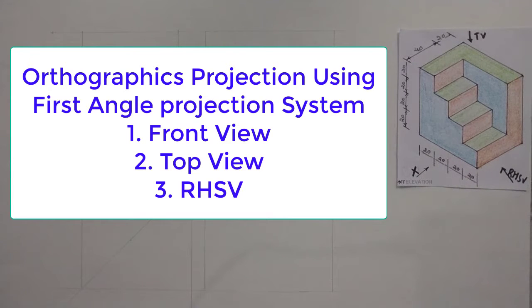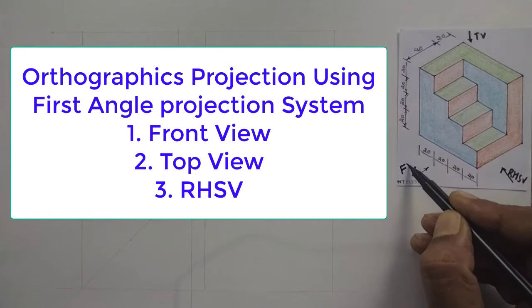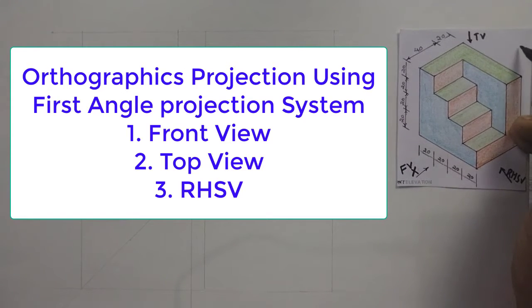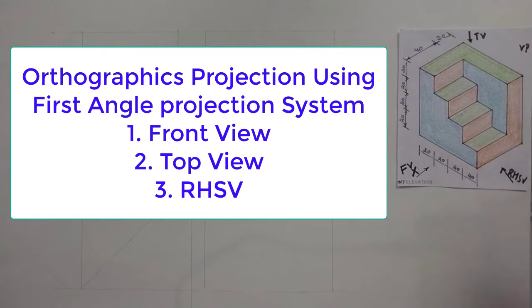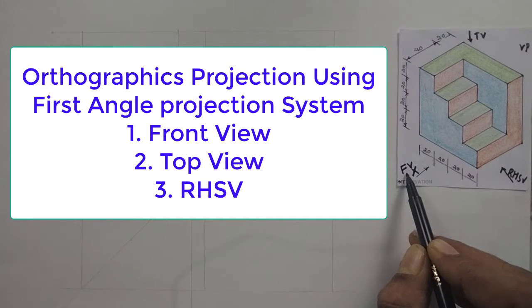So now we first start by collecting the maximum dimensions of the three views. First I see the object perpendicular to my VP plane from the X direction, which we always call the front view.